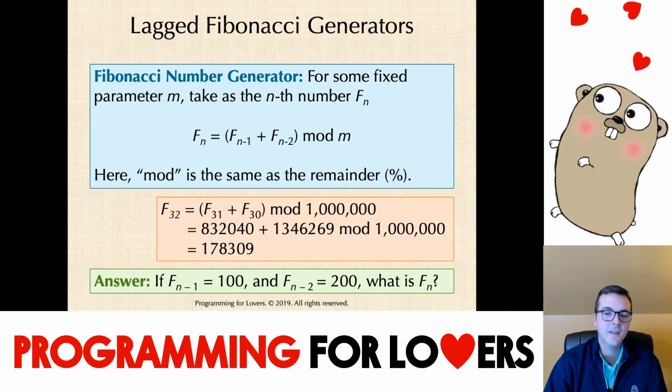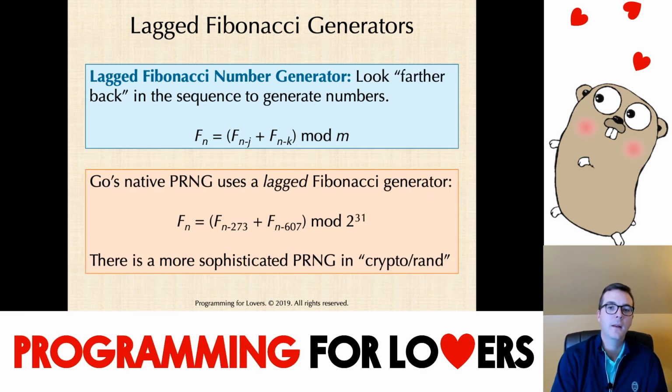So we could use this idea, though, and build something a little bit more sophisticated by looking farther back than just the previous two numbers. So I don't want to look at f(n-1) and f(n-2), but I could look back at f(n-j) and f(n-k).